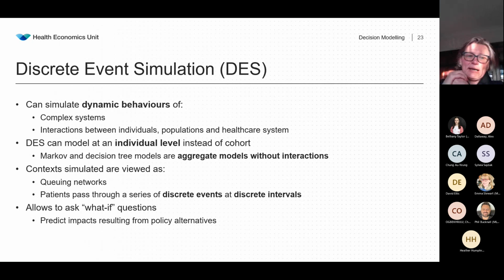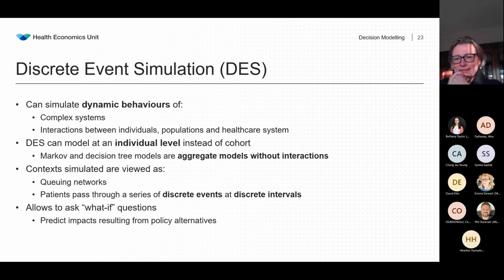And the idea behind it is that individuals, patients, pass through a queue, and at each interval, they wait in that queue. That is realistic when you think about healthcare and constrained resources.